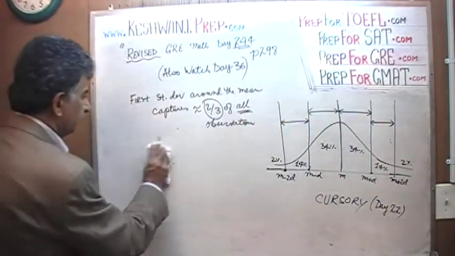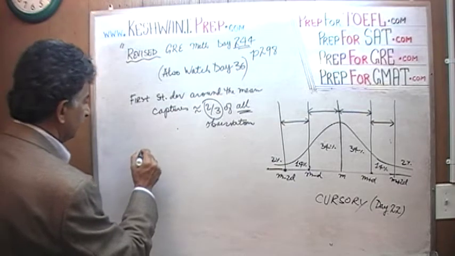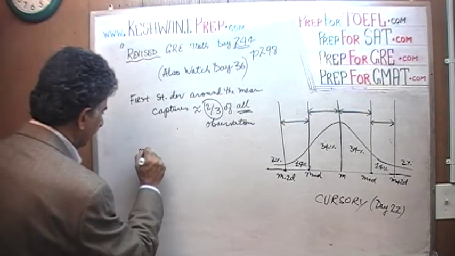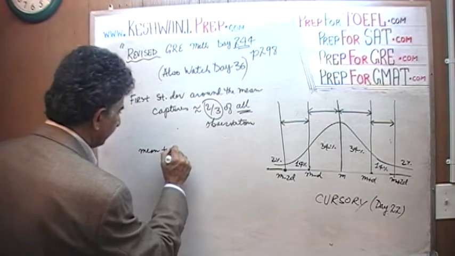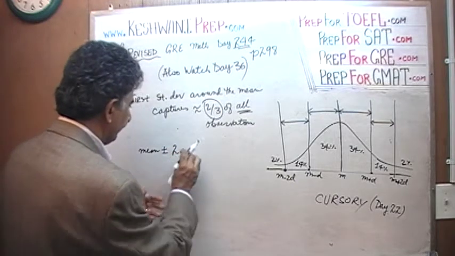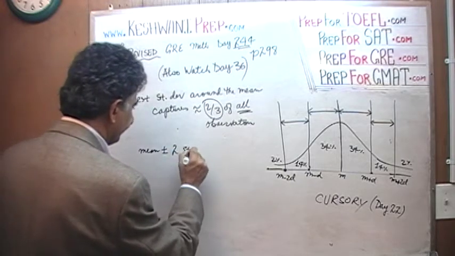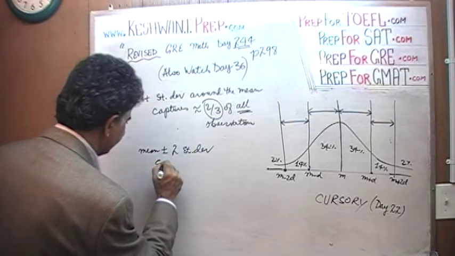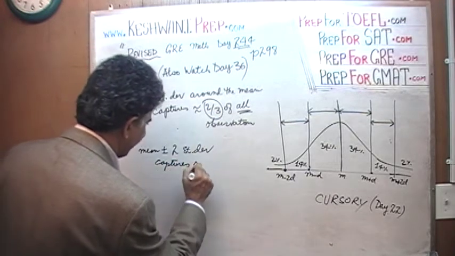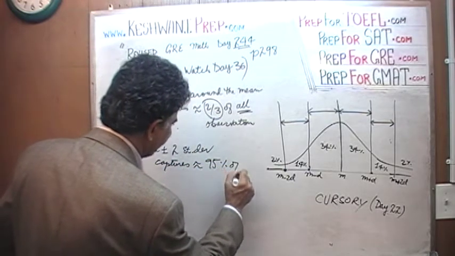So we can go further. Two standard deviations, mean plus or minus 2 standard deviations, captures approximately 95% of all the population.